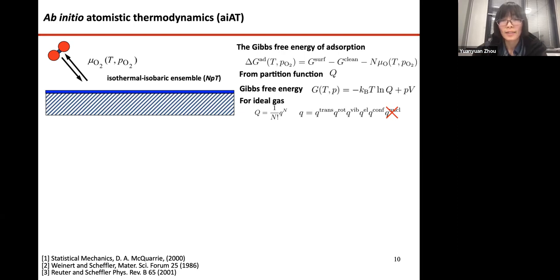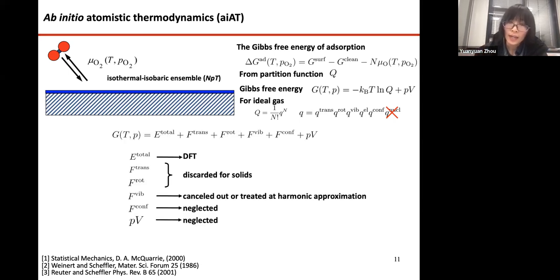We borrow some ideas from the ideal gas, where the partition function is a product of the partition functions of different degrees of freedom: translational, rotational, vibrational, electronic, configurational, nuclear, etc. The same idea applies to the solid, and the Gibbs free energy is also decomposed into several contributing terms.